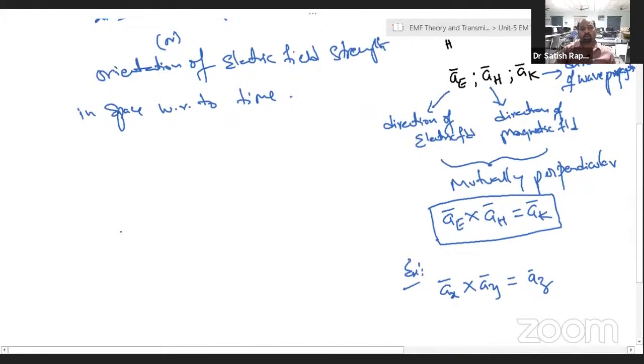So depending on the orientation of electric field, polarization is categorized into three types, right?